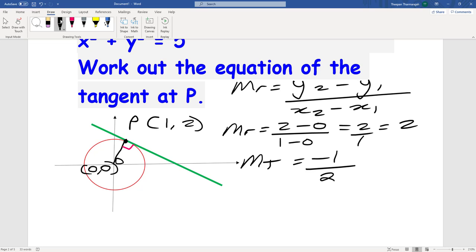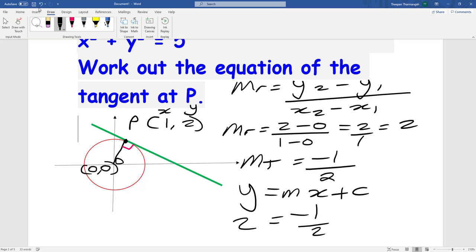So now the tangent line passes through P as well. So we can say y equals mx plus c. Don't forget, x is 1 and y equals 2. We need to always work out the value of c in these problems. So y equals 2, and the new gradient for the tangent line is minus a half. So it's minus a half times the value of x, which is 1, plus c.